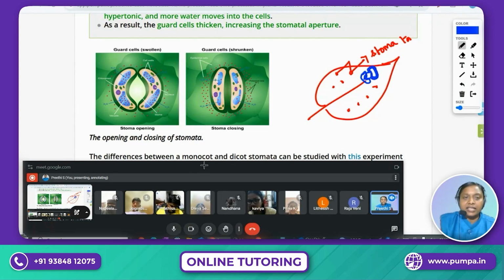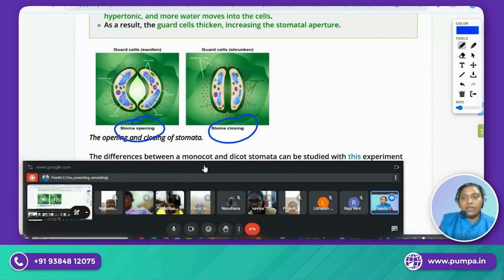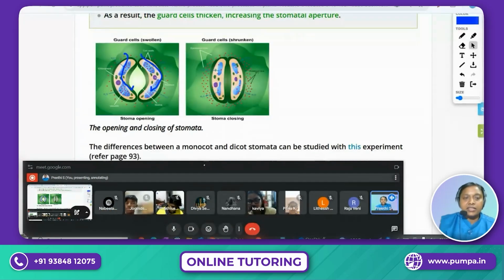Everyone, these two are guard cells. So the stoma is opening and then the stoma is closing. How is it happening? Whenever water enters the guard cells, the stoma will open. If there is no water in the guard cells, it will remain closed. We will see this in detail.